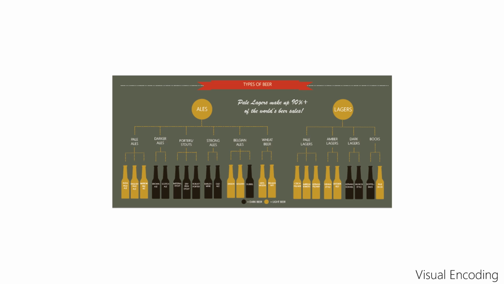And another major decision I made was I felt like the bottom of the screen, when I had all of the beer bottles the same color, was really hard to read, as it was almost overwhelming how many beer bottles were down there. So I decided to use a color scheme on both dark and light beer to distinguish between different types of beer and give some context between the subtypes that generally produce dark beer versus the subtypes that generally produce light beer.